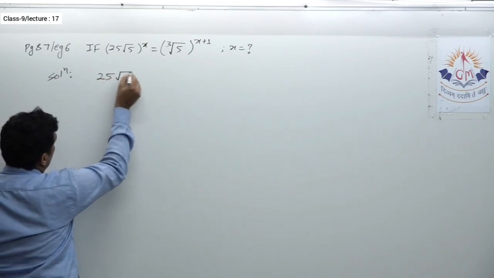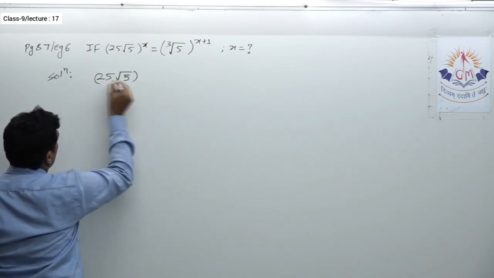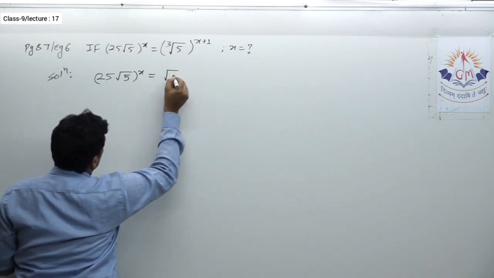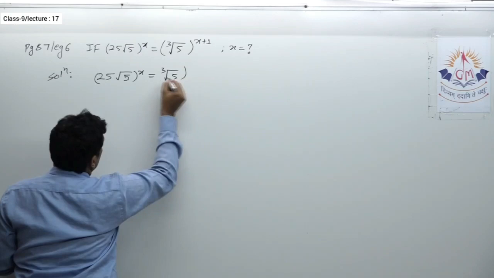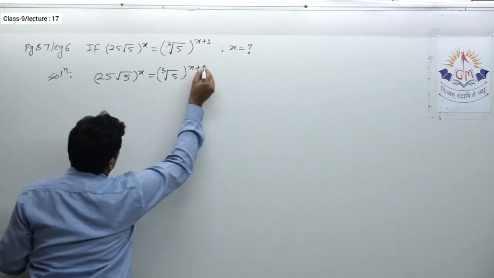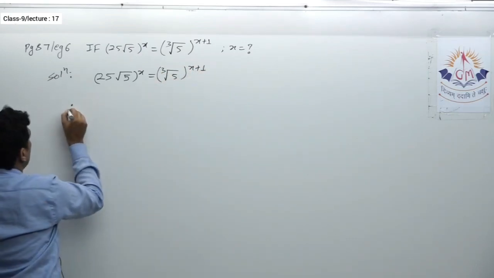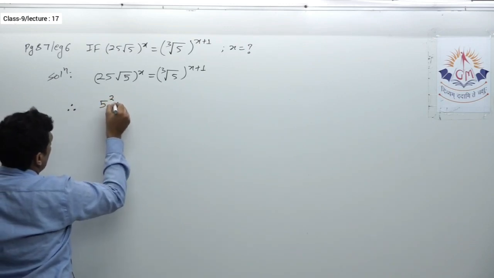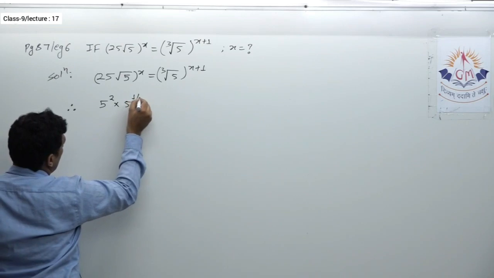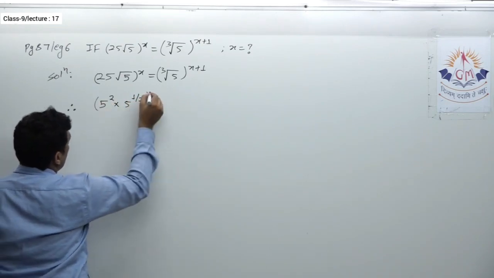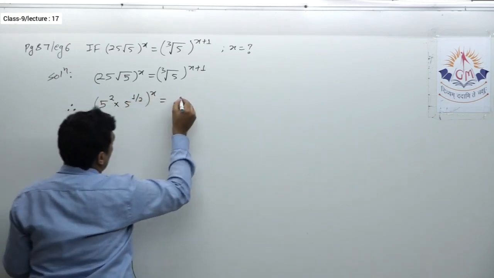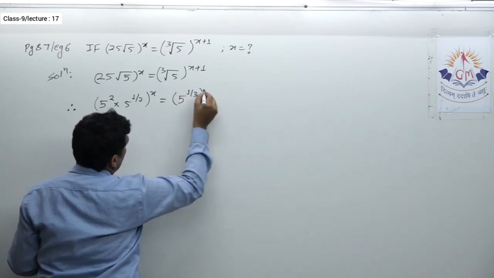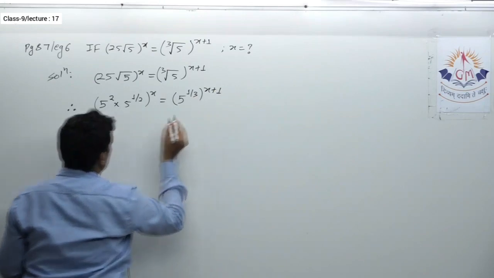So 25 root 5 raised to x is equal to cube root of 5 raised to x plus 1. This can be written as 5 square multiplied by 5 raised to 1 by 2, raised to x, is equal to 5 raised to 1 by 3, raised to x plus 1.